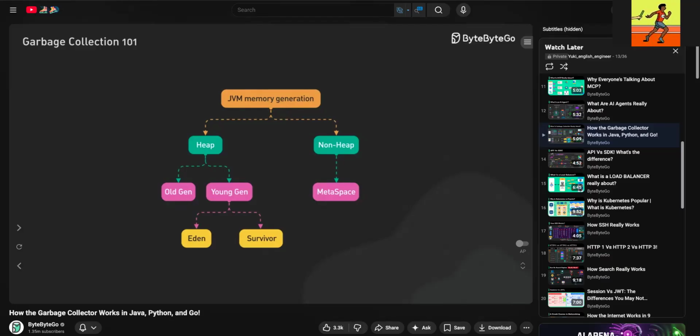So this means any object that can be reached by following references from these roots is considered alive and must be kept.